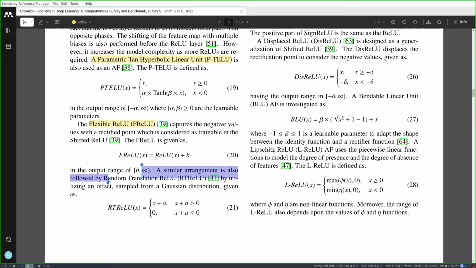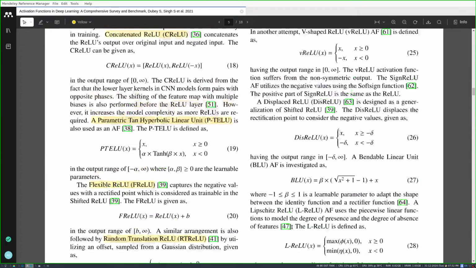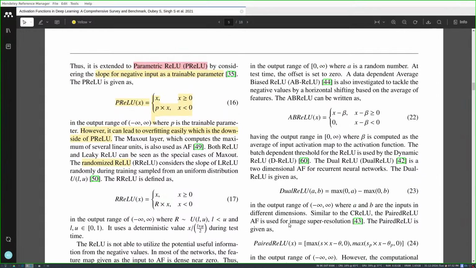Random translation ReLU, utilizing offset. A data-dependent average biased ReLU is also invested to tackle negative values.